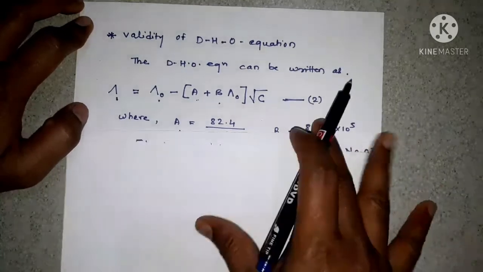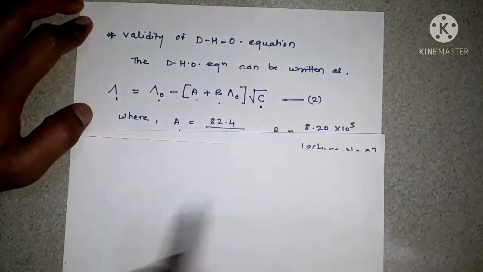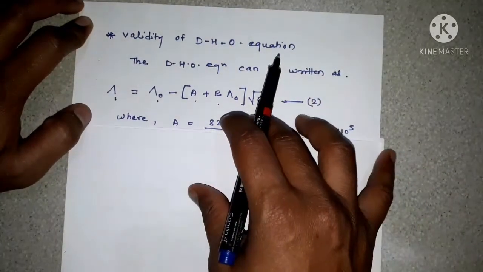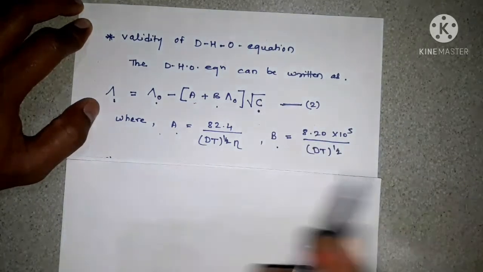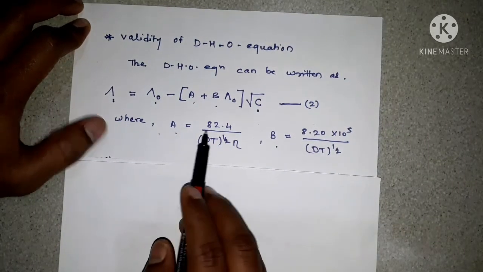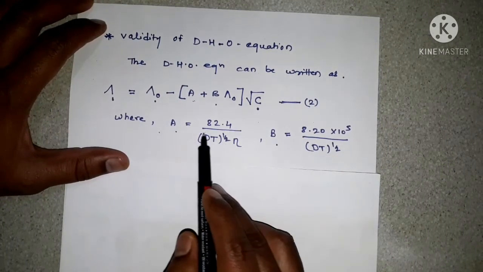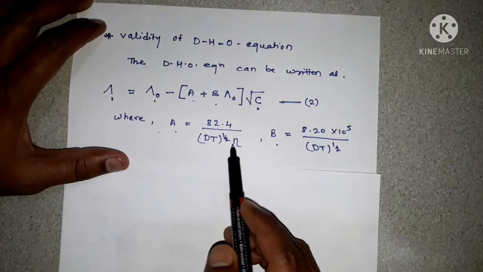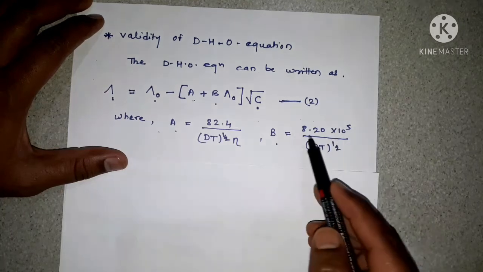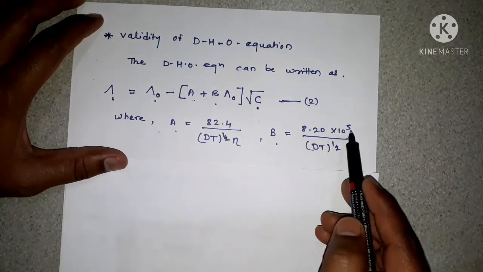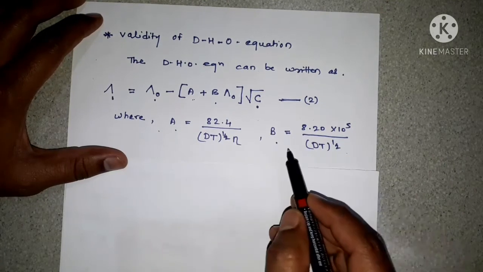And as we know, C is the concentration of the solution. Then A and B in this equation: capital A is 82.4 divided by (DT)^(1/2) into eta, and capital B is equal to 8.20 multiplied by 10^5 divided by (DT)^(3/2).